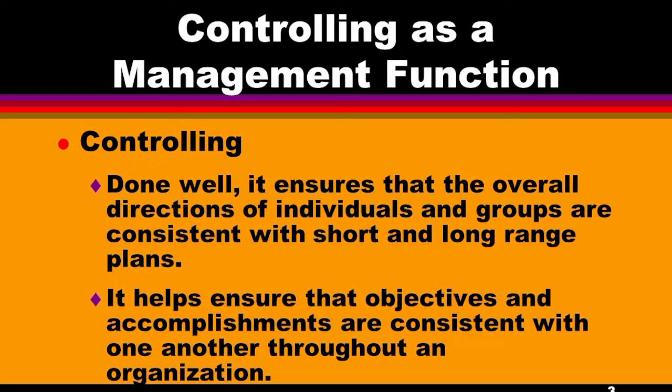Done well, it ensures that overall directions of individuals and groups are consistent with the short and long range plans. Individuals and groups continuously have to achieve the organizational goals, and ensure the objectives and accomplishments are consistent with one another throughout an organization.